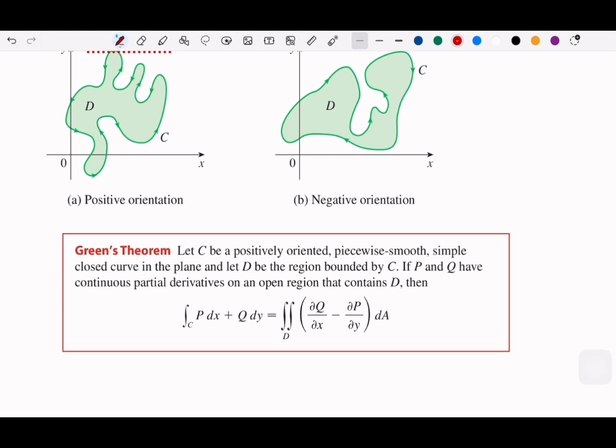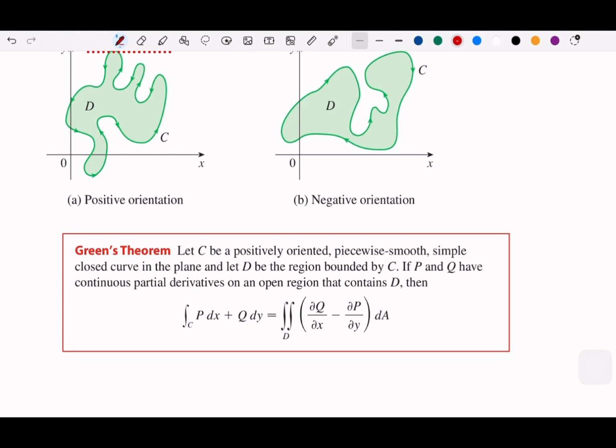If we have coefficients P and Q, which we defined in the vector fields a few weeks ago, and they have continuous partial derivatives, then the line integral P dx plus Q dy will equal the double integral over the region D, okay, for the inside of the curve.